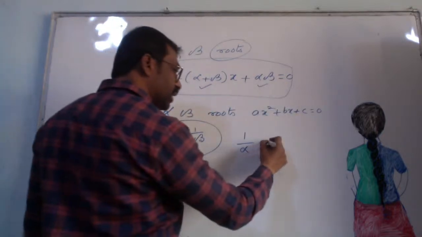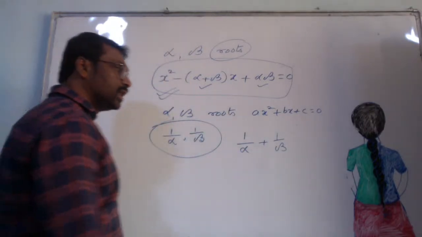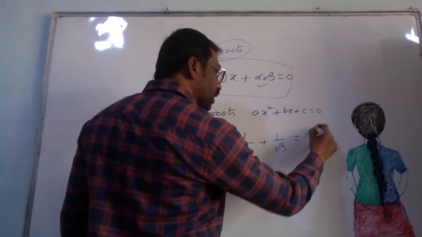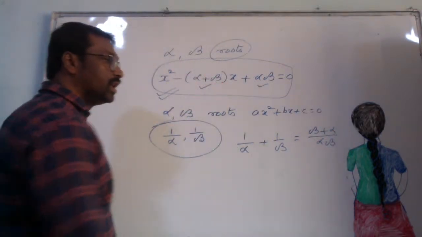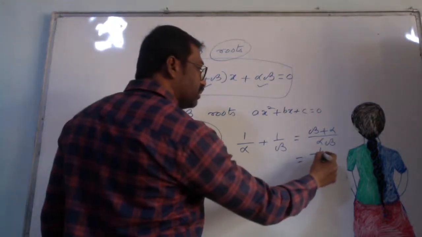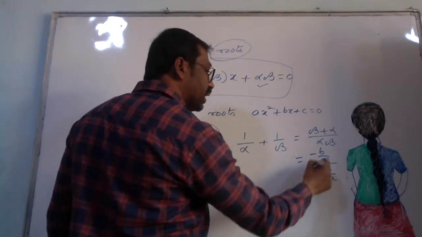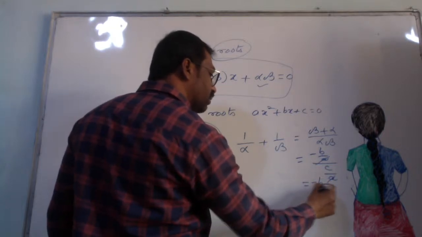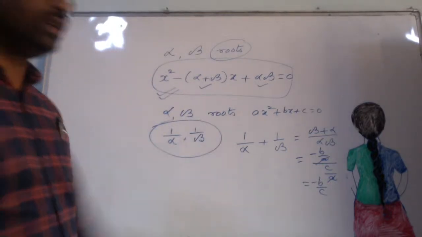Sum of the roots means 1 by alpha plus 1 by beta, you have to find. So here you get beta plus alpha by alpha beta. Sum of the roots is minus b by a, product of the roots is c by a. A cancels, then you get minus b by c, the value of 1 by alpha plus 1 by beta.